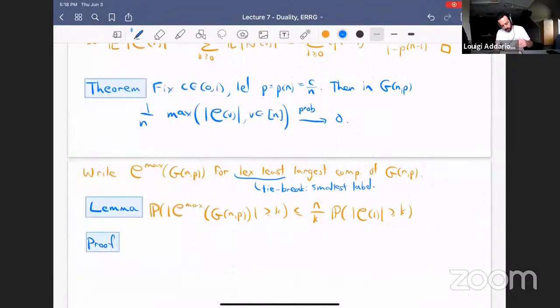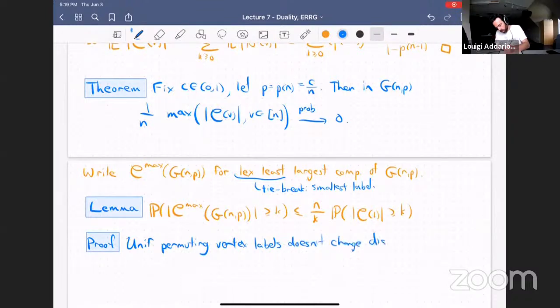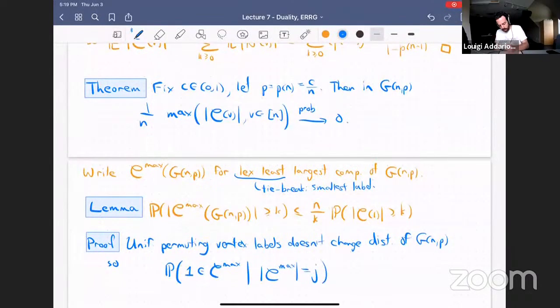First, uniformly permuting the vertex labels doesn't change the distribution of GNP. And so that means that the probability that vertex 1 is in the largest component, given that the largest component has some number j of vertices, is at least j over n.